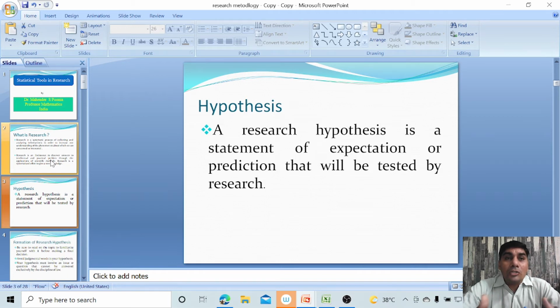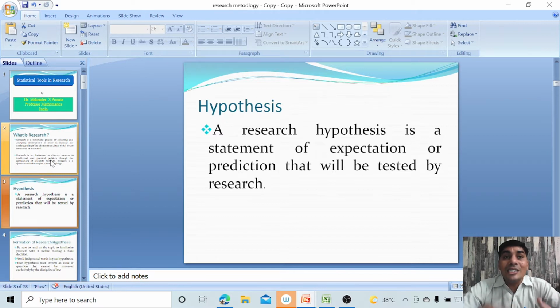But before going to statistical analysis, we have to discuss some definitions like hypothesis. What do you mean by hypothesis? A research hypothesis is a statement of expectation or prediction that will be tested by research.